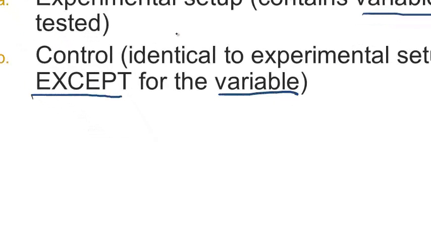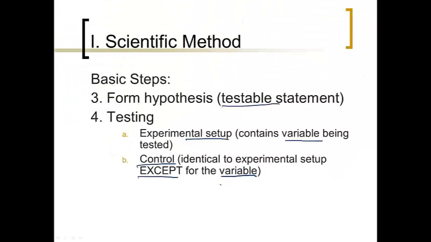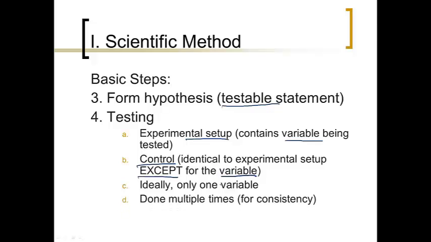So all the factors in your experimental setup and your control should be exactly the same except for the variable. Okay. Ideally, you should only have one variable in your experimental setup. Okay. And you should do it a couple times, multiple times for consistency.